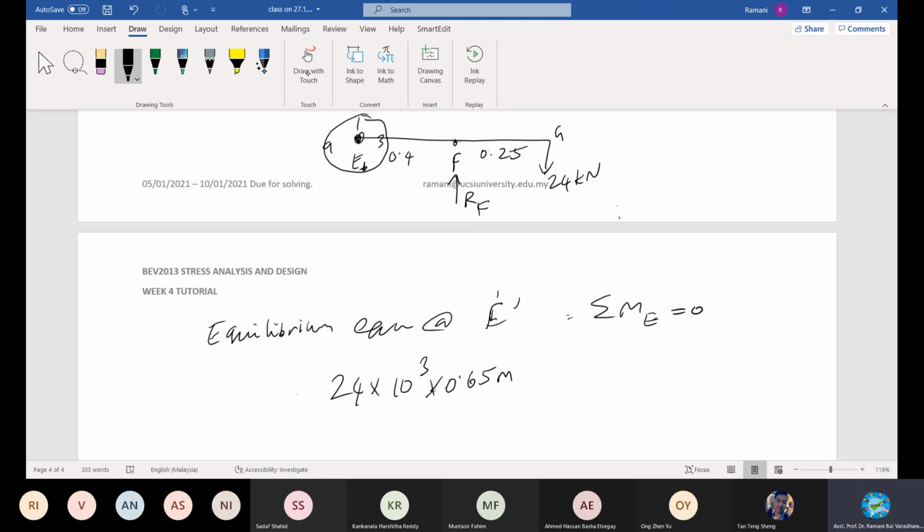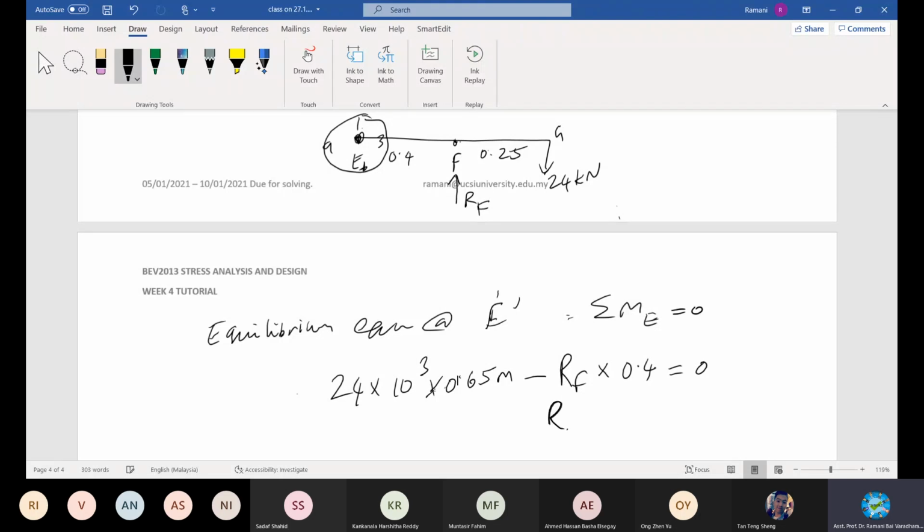This load is done. What is the reaction? Positive or negative? This is the clock. When you go this way, it is positive or negative? Anti-clockwise, negative, right? So I write it as RF times, RF is unknown, times the lever arm 0.4. Did I calculate all the loads and reactions? Yes.